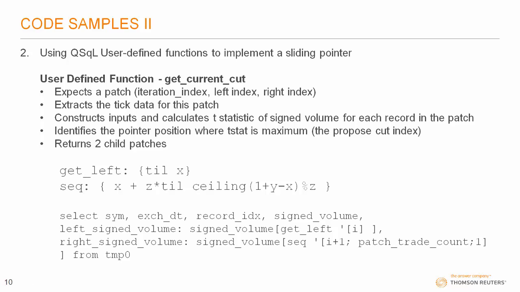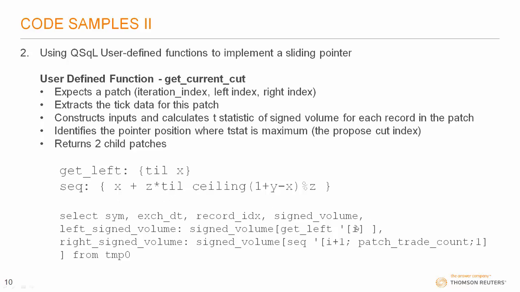The getLeft function will just return a vector whose indices are up to the input parameter, and a sequence does exactly what you imagine. You pass in a start integer, an end integer, and an interval, and it will return a vector representing that.